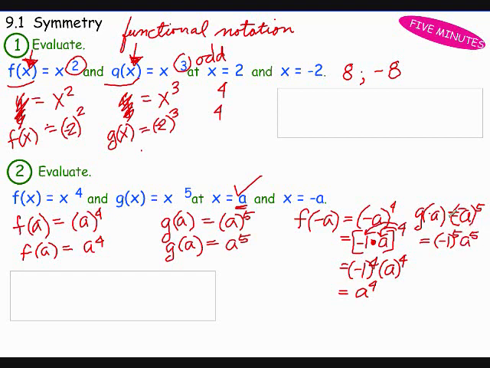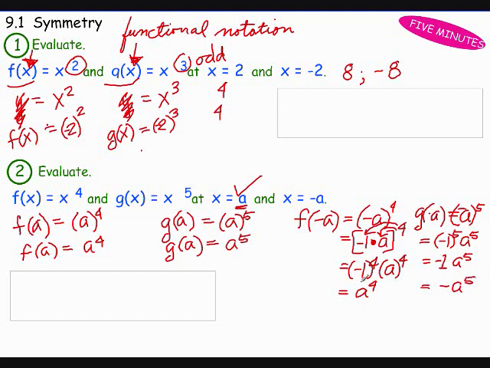All I did there was pull apart the coefficient. The coefficient is a negative 1. We don't usually write it out, but I'm writing it out now, trying to make it a little more obvious to you what's going on. If I raise negative 1 to the 5th power, what do I get? That's right, we end up with a negative 1 a to the 5th, which is equal to negative a to the 5th.